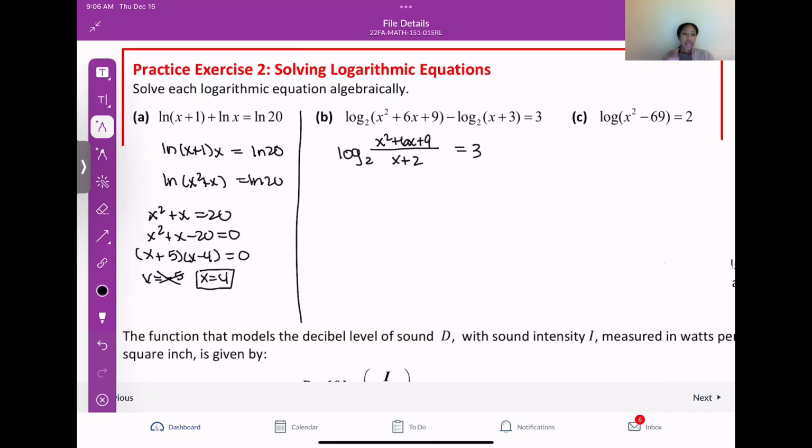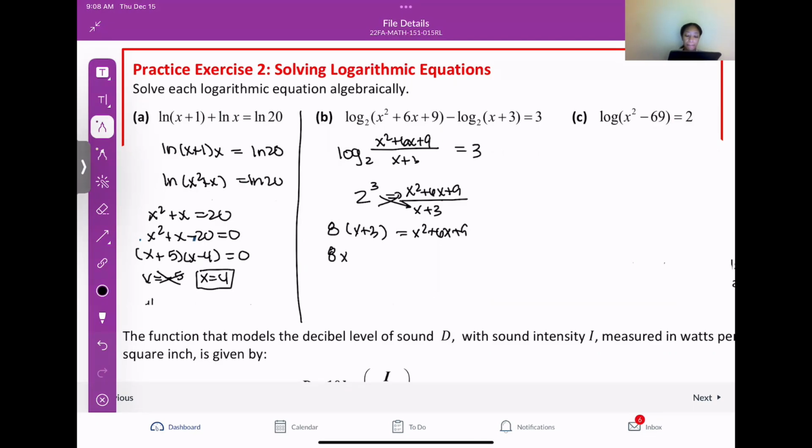So we can take this logarithmic equation and rewrite it in exponential form. Our base is 2. Our exponent would be 3. And this should be equal to x squared plus 6x plus 9 over x plus 3. Then we'll have 8 times x plus 3 equals x squared plus 6x plus 9.